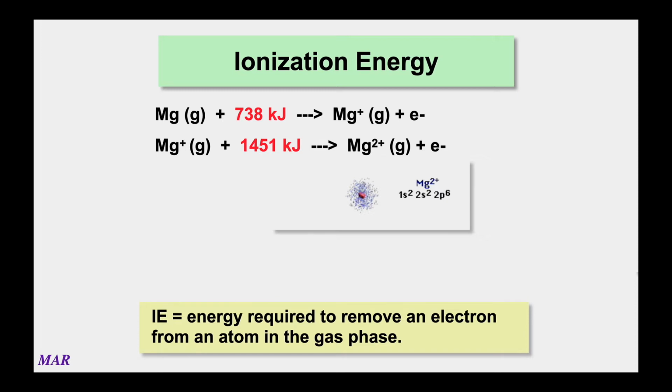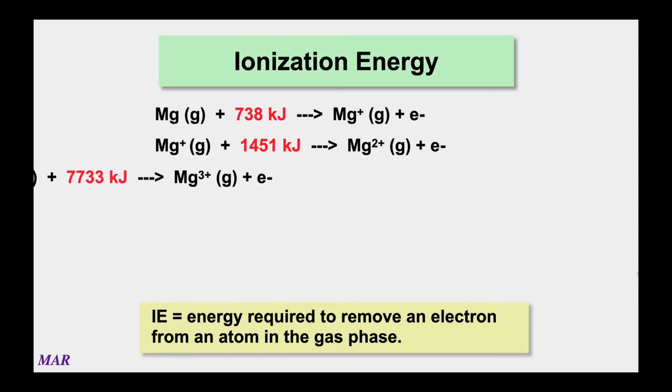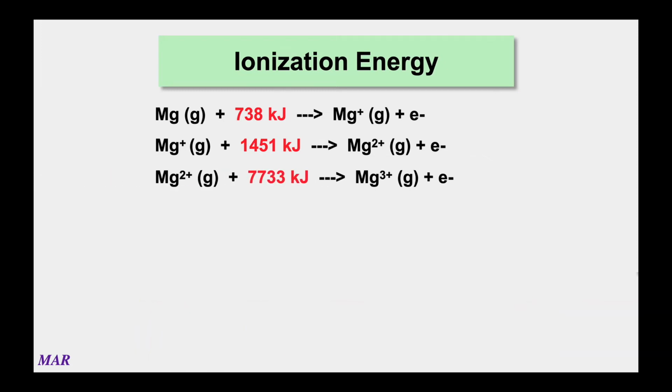You can see that the sum of those two values is about 2,100 kilojoules. To remove the third electron, making magnesium 3+, look at the energy cost: 7,733 kilojoules. To remove the first two electrons was about 2,100 kilojoules, and now it's 7,700 kilojoules.